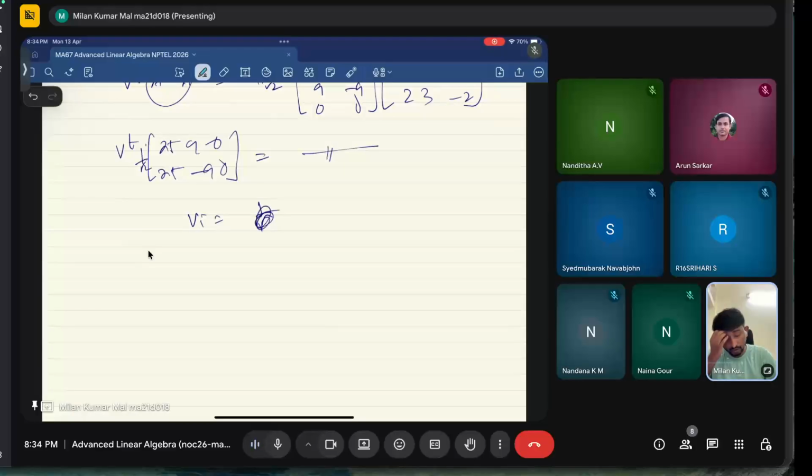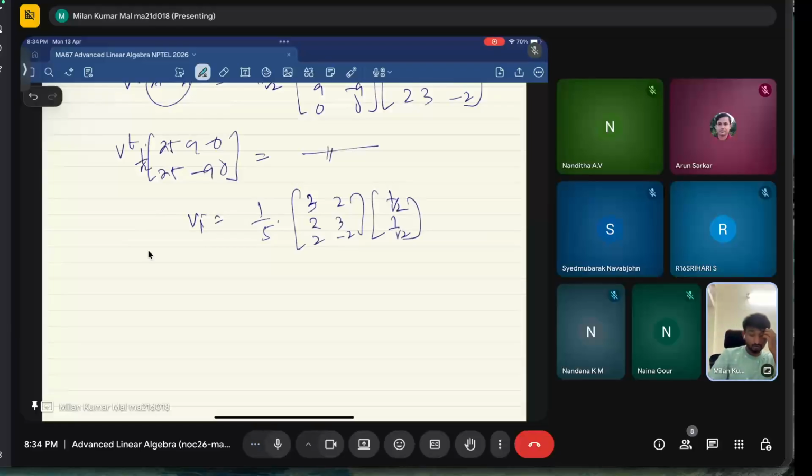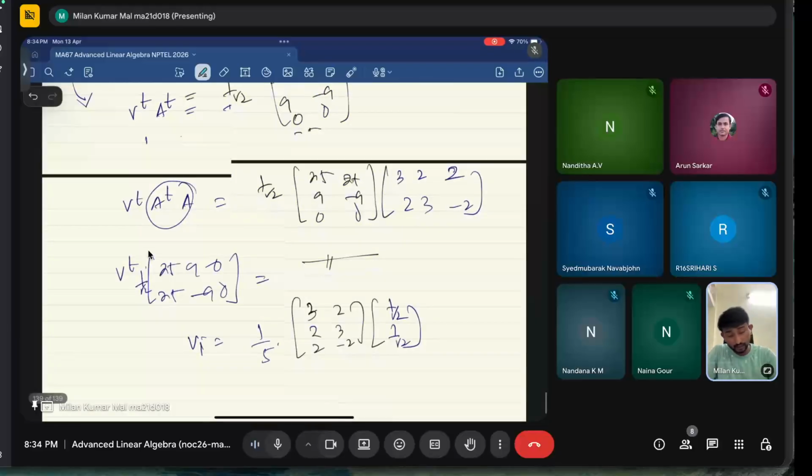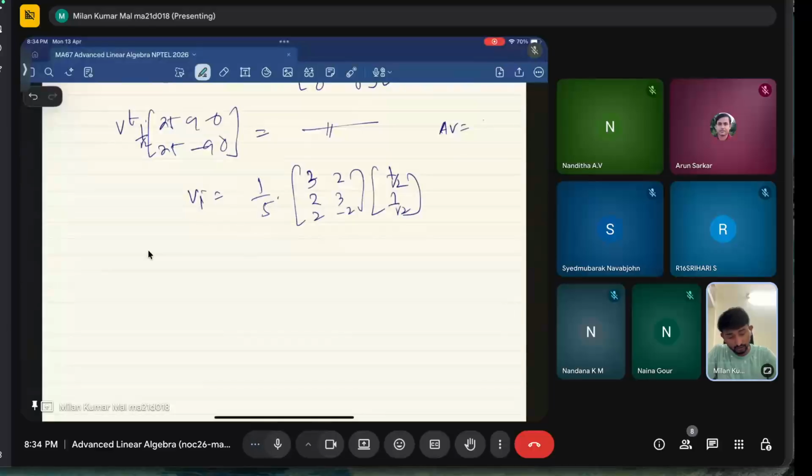V1 will be equal to 1 by square root of 25, 5 into the matrix 3 2 2, 2 3 minus 2 and the vector 1 by square root of 2, 1 by square root of 2. Okay, let me see how one will get. We have AV is equal to something UD. Okay, I want to obtain rows.